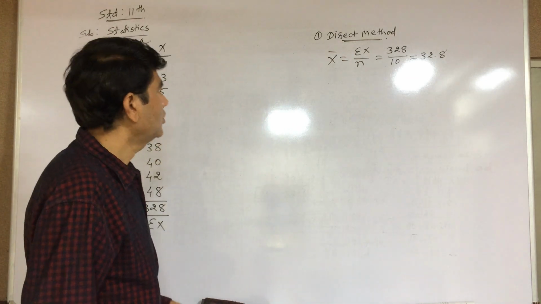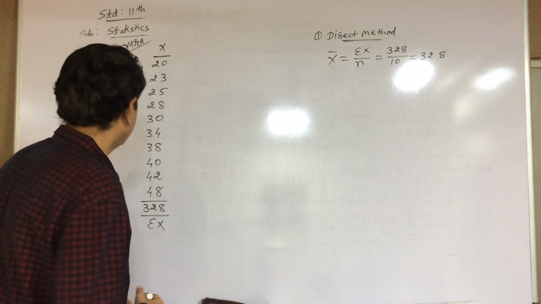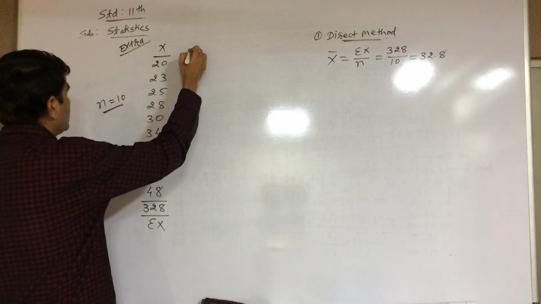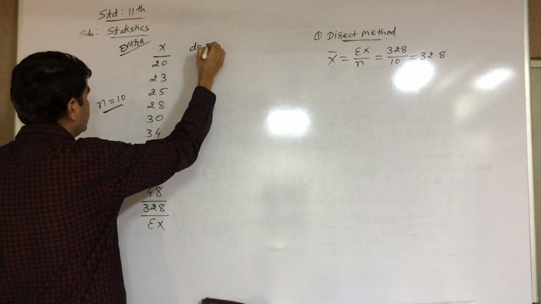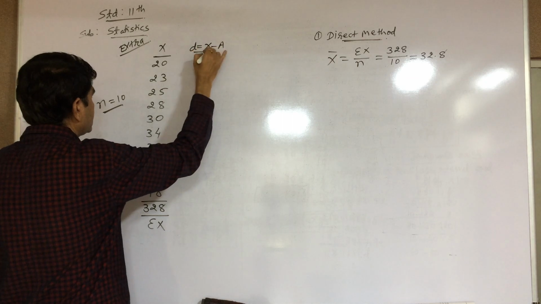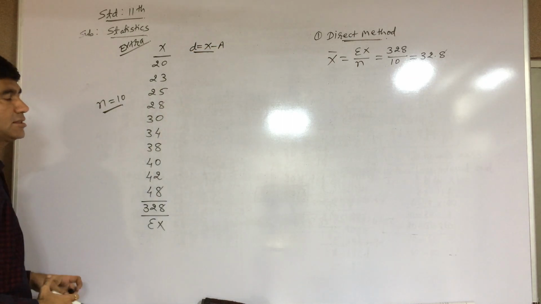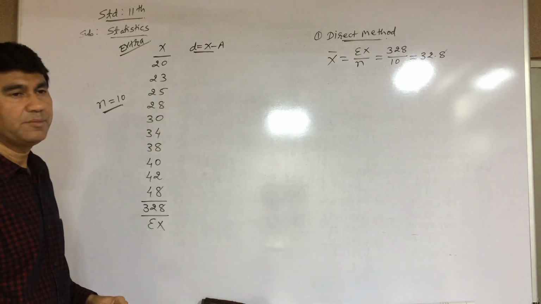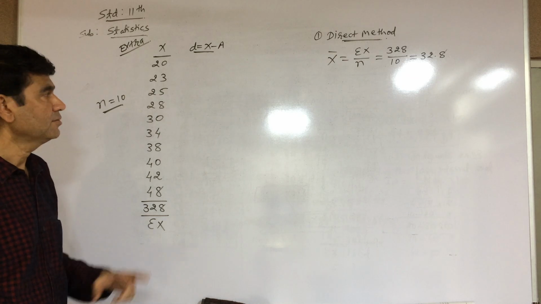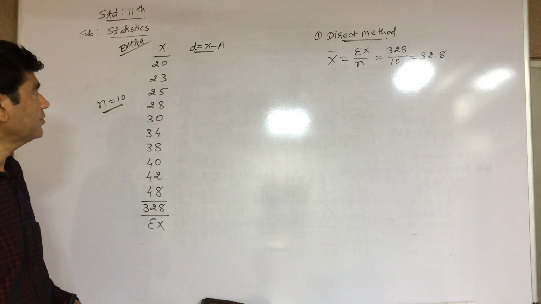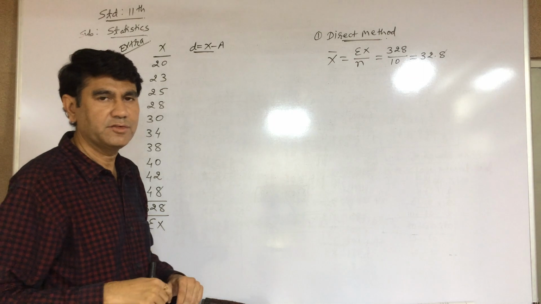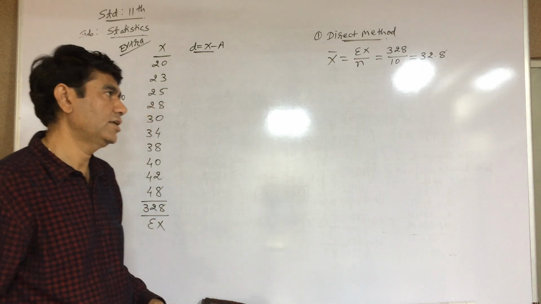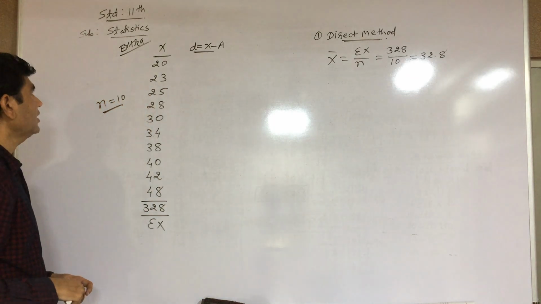Okay, now for shortcut method we have to create column of D, difference, and its formula x minus a, where a means assume mean. Okay, now this time we want to take different value, not smallest value. No problem.